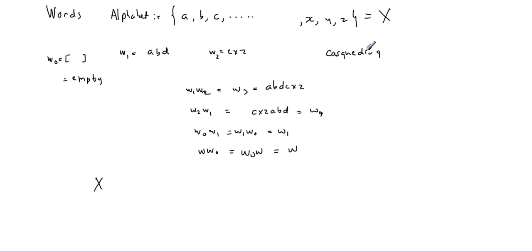So this is now kind of an operation. Let's put it abstractly and say that the operation is this. If I'm saying word 1, box, word 2, I'm simply saying put word 1 and word 2 one after the other. Then I get word 3.